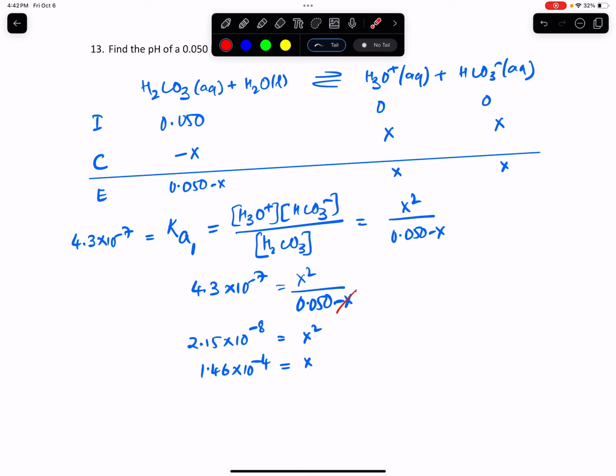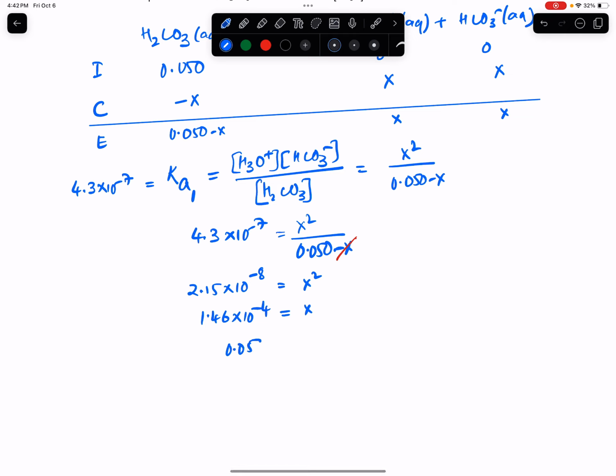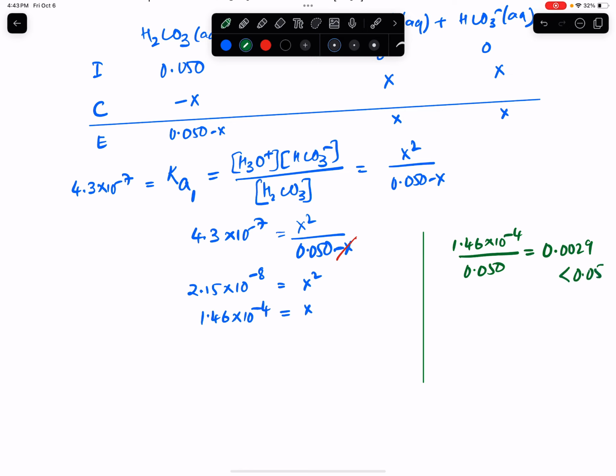Now, if you actually plug this value of x in and divide it by 0.050, let's go ahead and do that on the side. So we have 1.46 times 10 to the negative 4 divided by 0.050. That is equal to 0.0029, and that is less than 0.05. So therefore our assumption is valid.